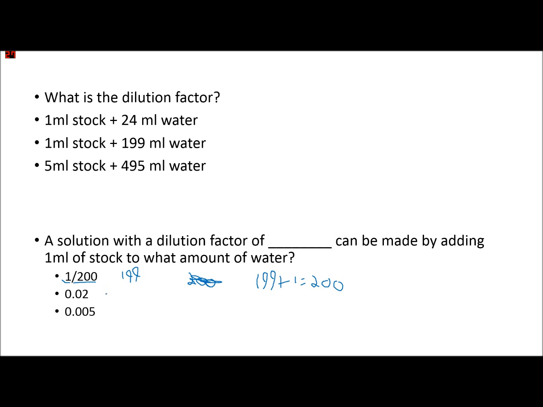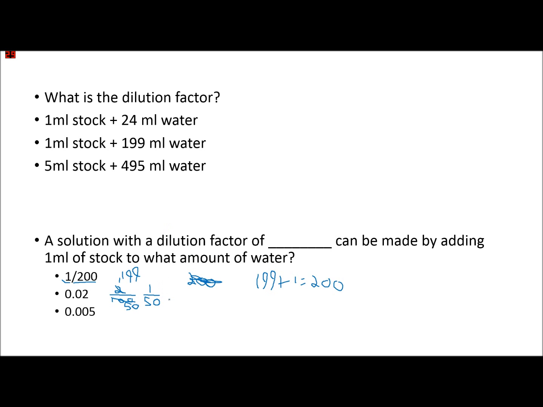The second one here is going to be the same idea. If we try to turn this into the 1 over x form, we have 2 over 100, and then we can reduce it to 1 over 50 and treat it just like the above problem. So if we have 1 part in 50, and 50 total, we added 1 milliliter of stock to what amount of water?